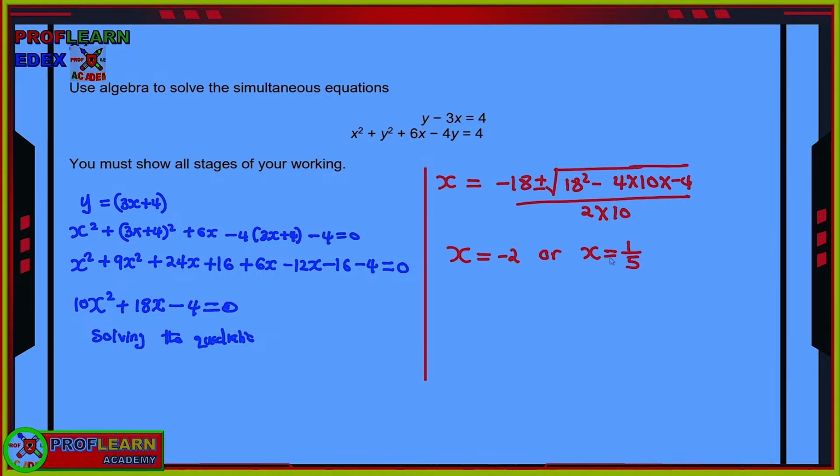Then once we have the two values of x, we substitute them into y equals 3x plus 4, and this translates to -2. And for the second part, when we substitute 0.2, we get 4.6. Now we have solved the simultaneous equations because we have pairs of values of x and of y.